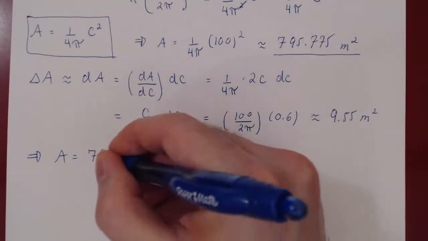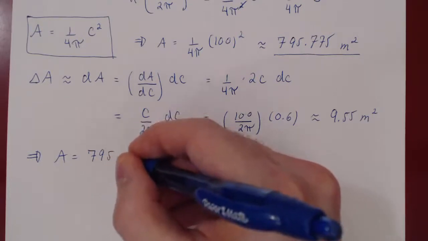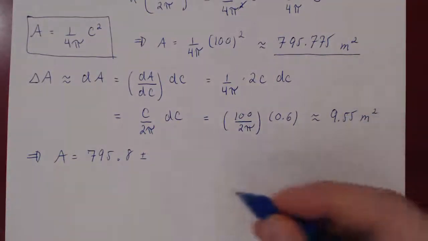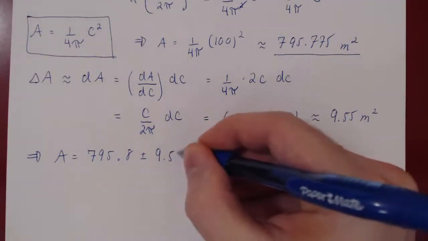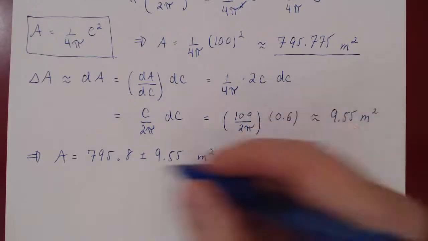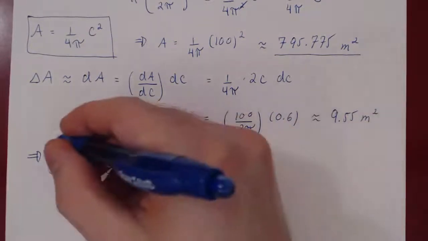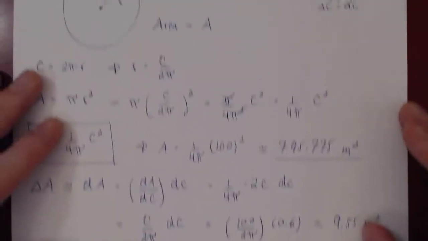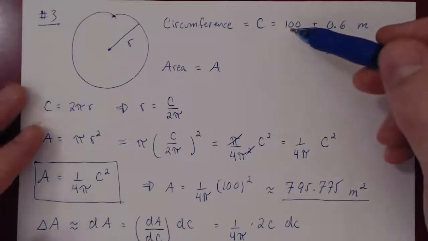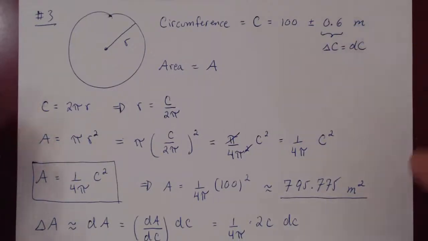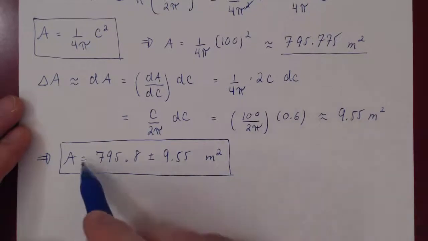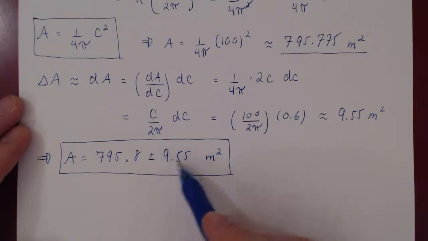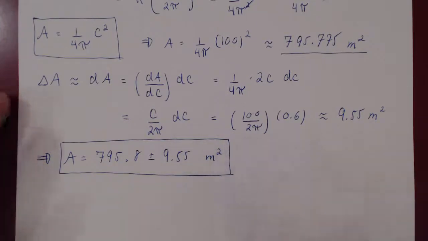Let's go with 795.8 plus or minus an uncertainty of 9.55 meters squared. And you see, knowing that the circle had a circumference of 100 meters with an uncertainty of 0.6 meters, we can extract from this that the area of the circle is roughly 795.8 meters squared with an uncertainty of roughly 9.55 meters squared.